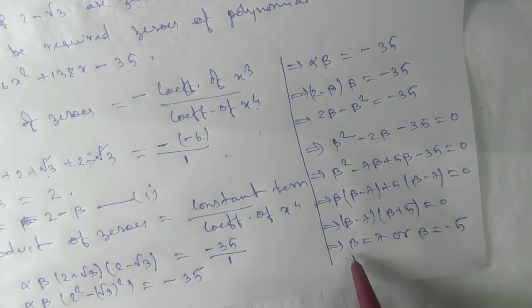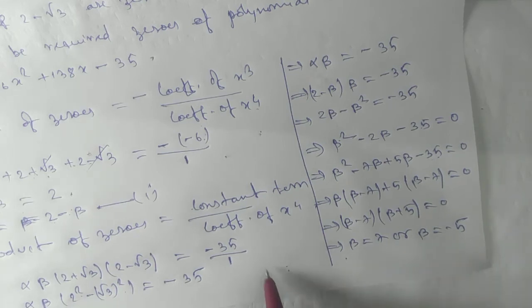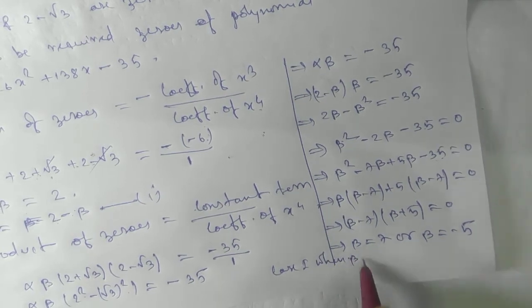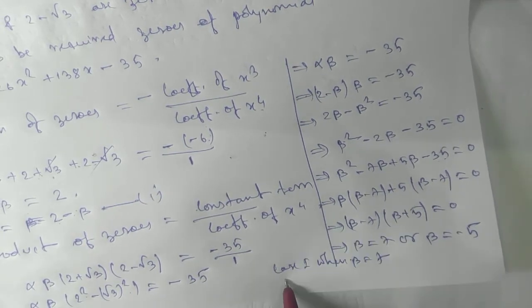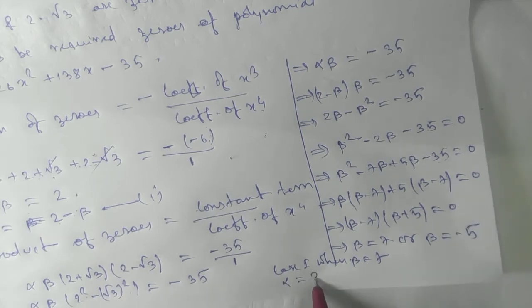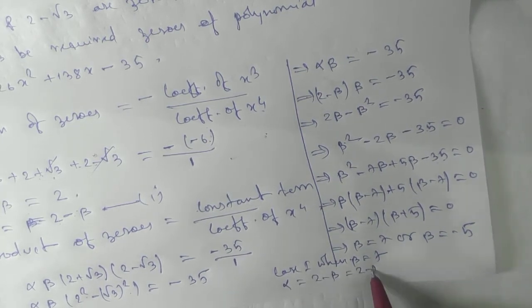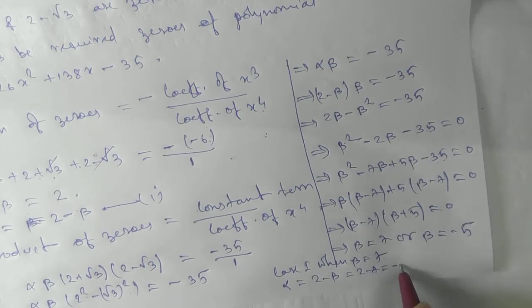So here we have two cases. Case 1, when beta equals 7, we are getting alpha equals 2 minus beta, that means 2 minus 7, which gives minus 5.